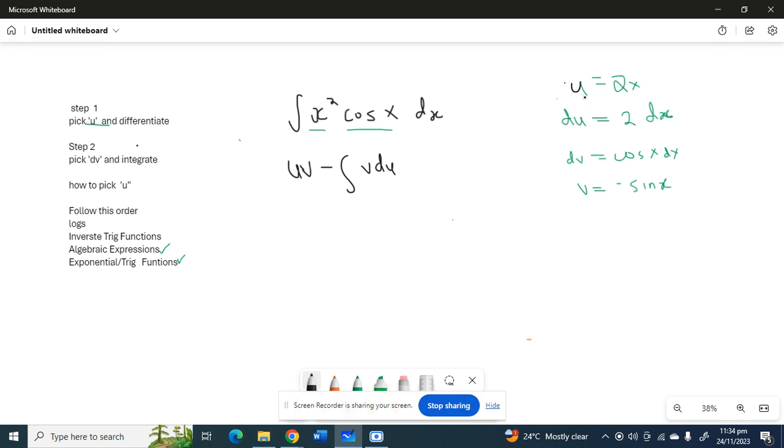All right, so our u is x squared, v is sine x, minus the integral of v, so v is sine x, du is 2x dx.